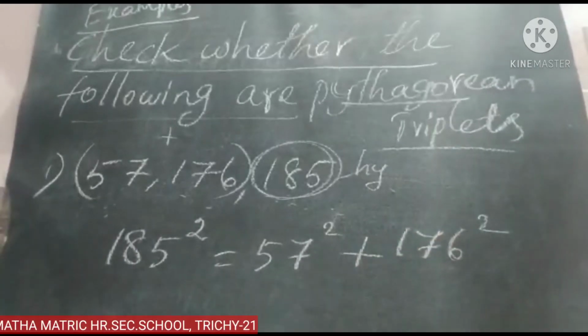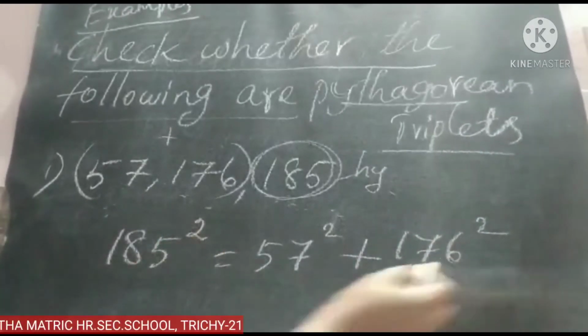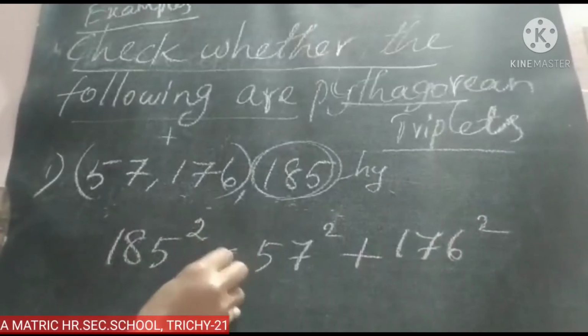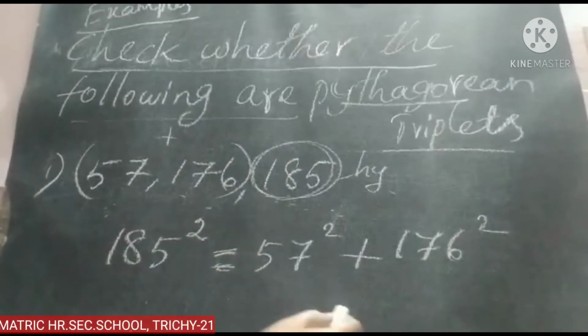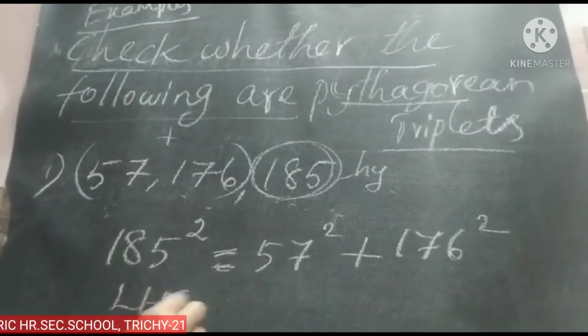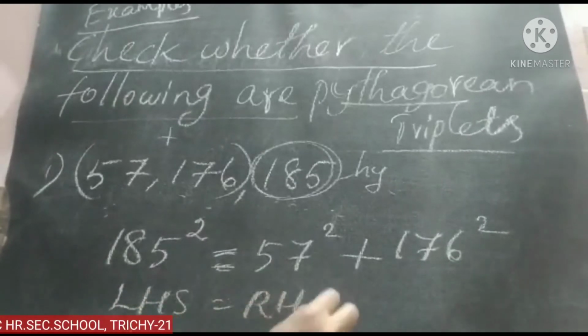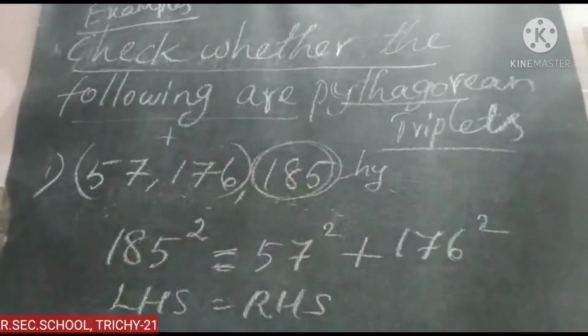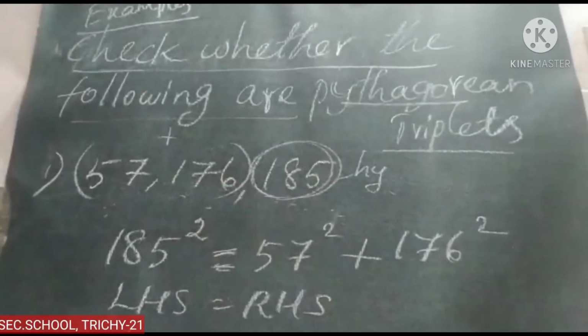You have to find the square of these three numbers, and check whether the left hand side LHS is equal to RHS. After that you can decide whether these three sides are Pythagorean triplets or not.